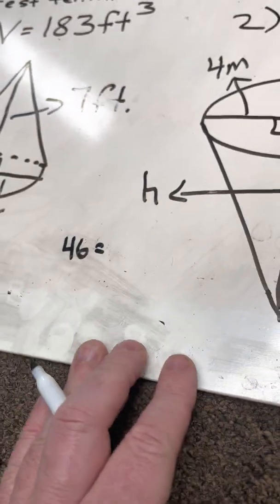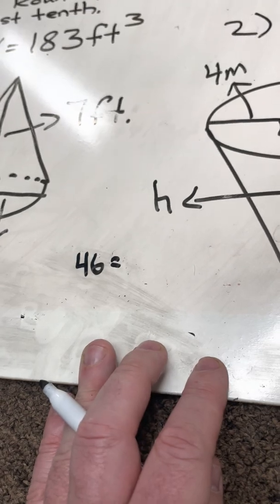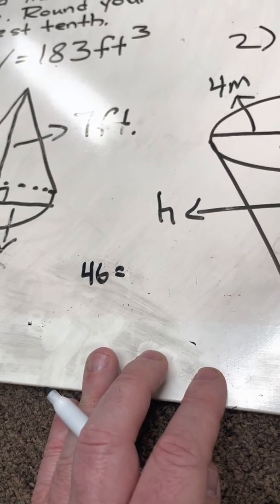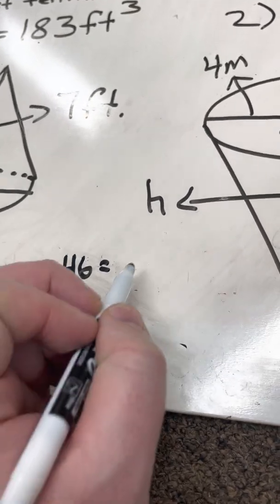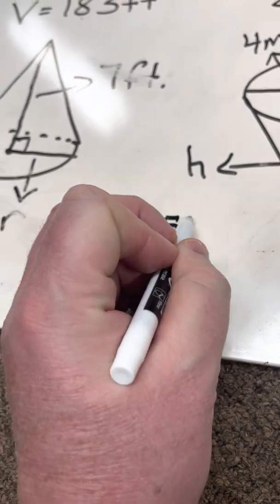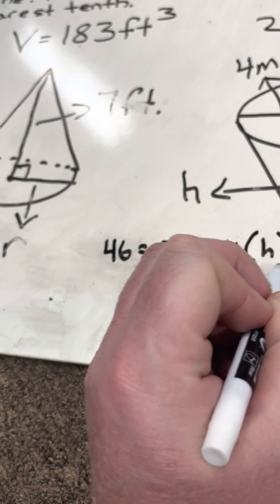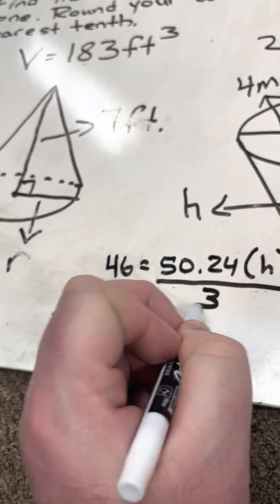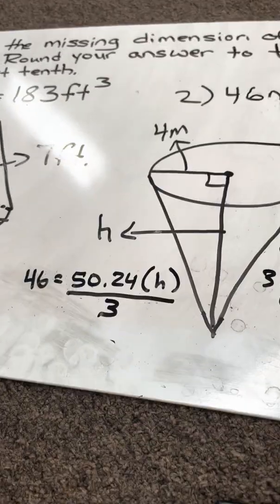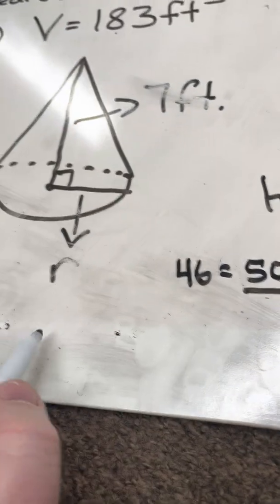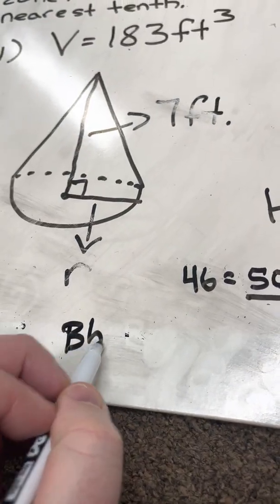So 46 equals the area of the base, which is 50.24, times the height, and that whole thing is divided by 3 because that's the formula for volume of a cone, remember. The area of the base times the height divided by 3.